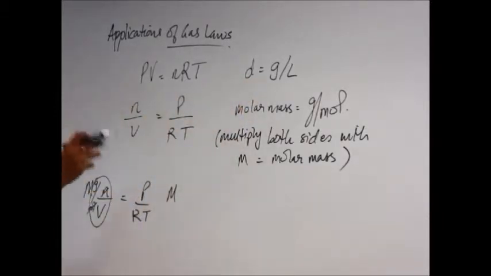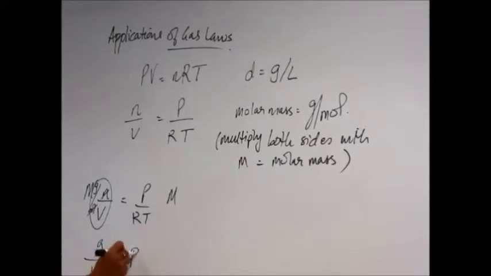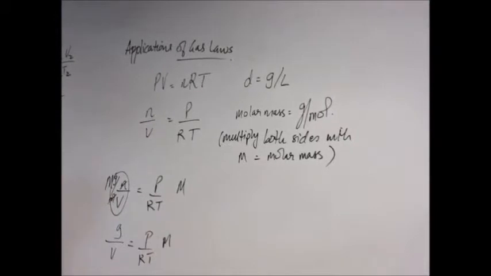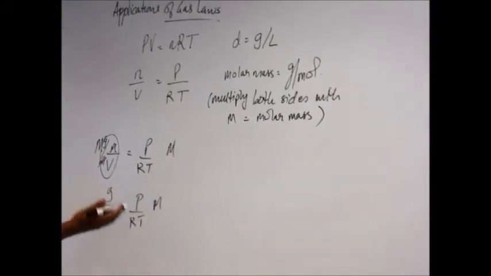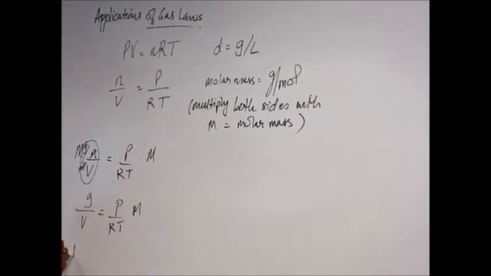So that's how you come up with an equation that has density and molar mass in there. So here we are left with grams over volume, P, R, T, M is still here, for that matter. And so then you can rearrange the equation so you can find density or molar mass, so in this case, we're trying to find molar mass.